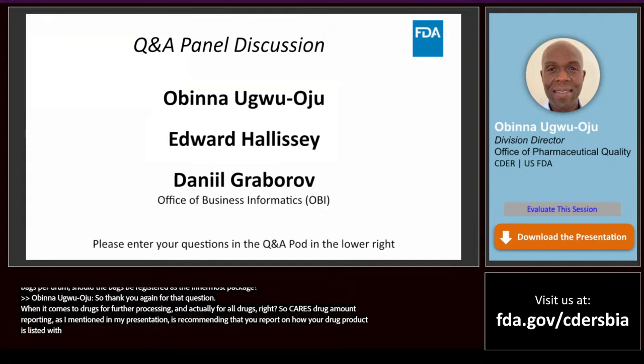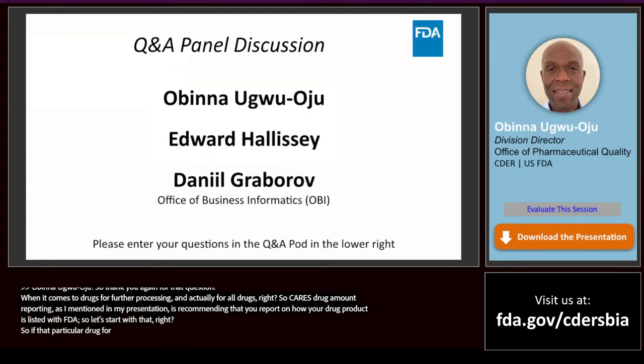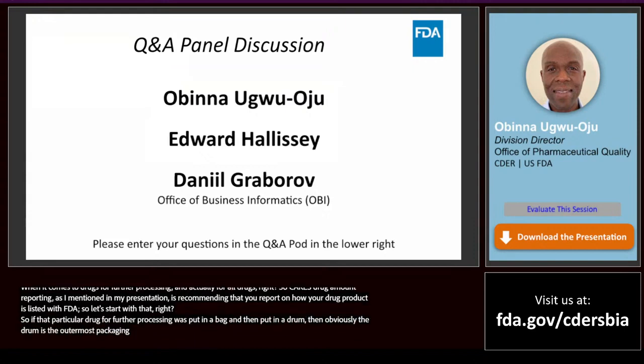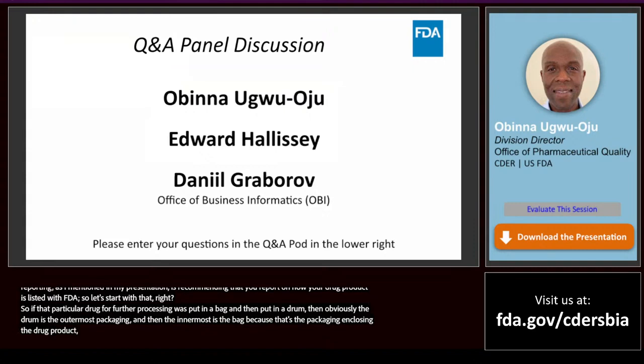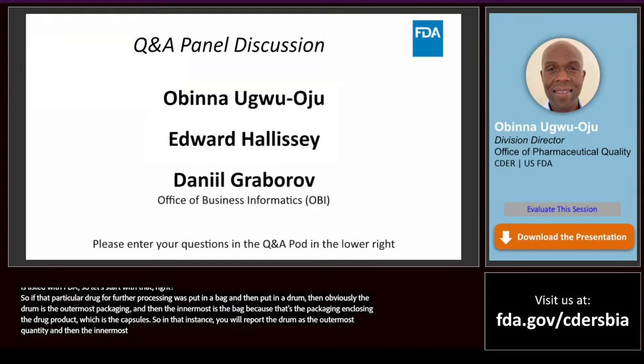If that particular drug for further processing was put in a bag and then put in a drum, obviously the drum is the outermost packaging, and the innermost is the bag, because that's the packaging enclosing the drug product, which is the capsules. So in that instance, you will report the drum as the outermost quantity, and the innermost packaging quantity will be the bag.